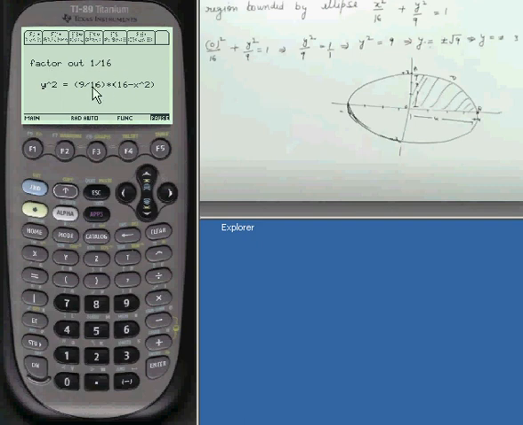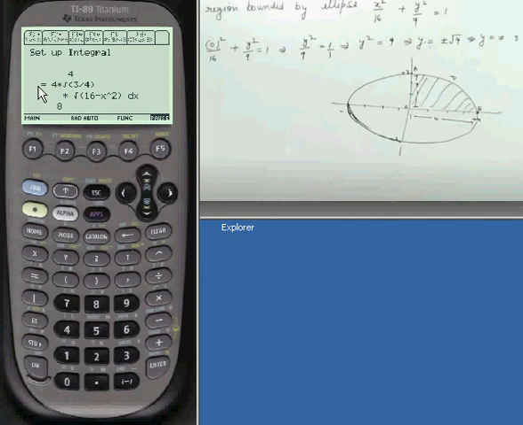We factor out the 1/16, which is 9 over 16 times that. We're going to find y, so we have to square root the right side of the equation. We simplify it: 3/4 times the square root of 16 minus x squared. That's the simplest a square root can be.